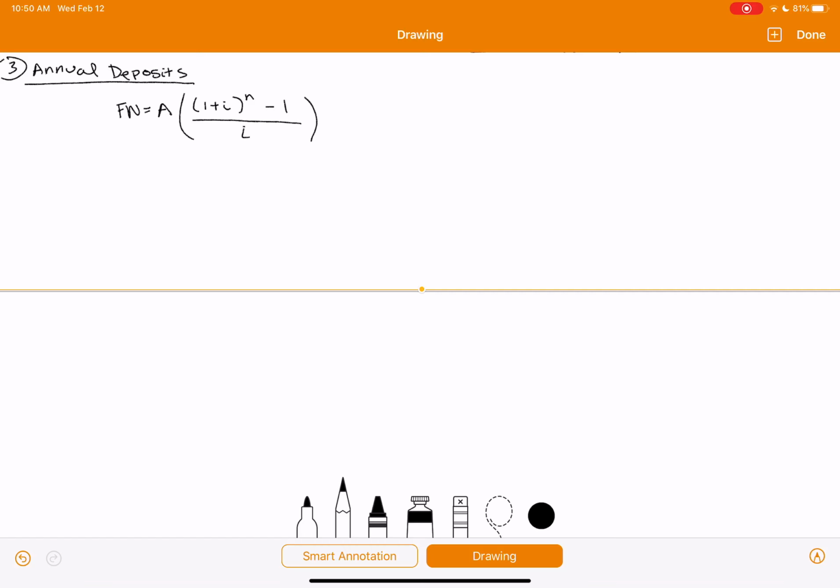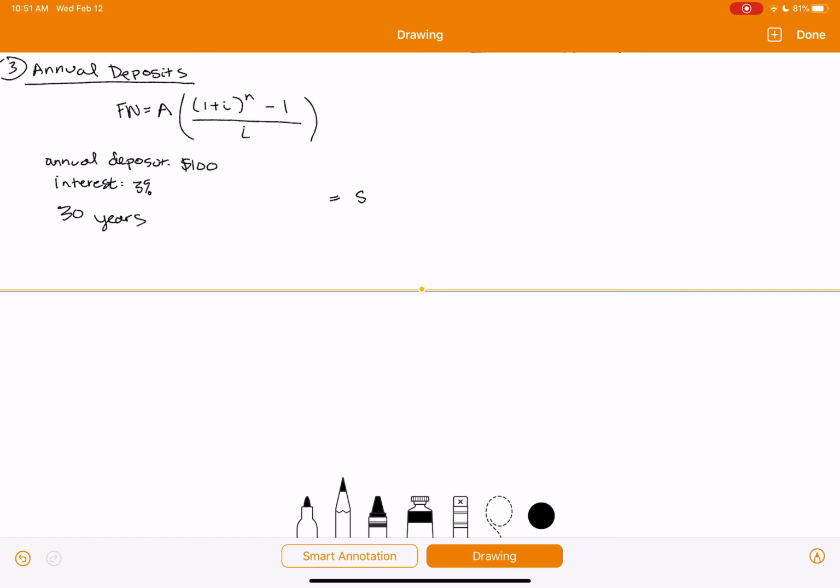All right, so for example, if we were depositing $100 every year into an account that earned 3% interest, and we did this for 30 years, how much would be in the account at the time of 30 years?